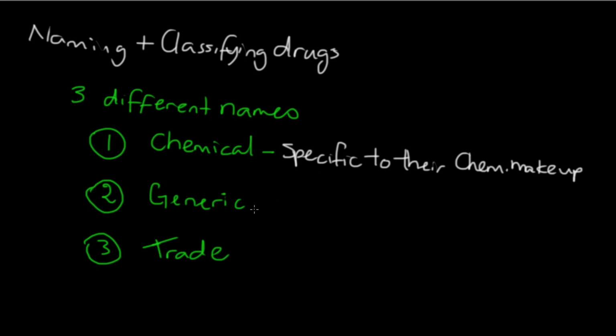The second name that drugs will have is a generic name, which is an abbreviation of the chemical name. They're just made simpler and easier to remember, understand, and memorize.